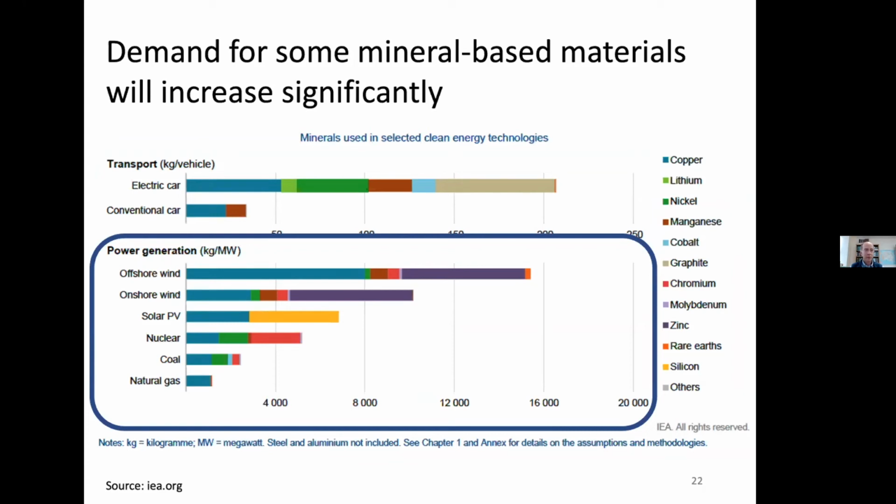The key point to note is that natural gas and coal are at the bottom, 3,000 or less. And then we go up in the figure from nuclear to solar PV to onshore wind to offshore wind. We get up to 15,000. So 3,000 to 15,000 in the extreme, significant growth.